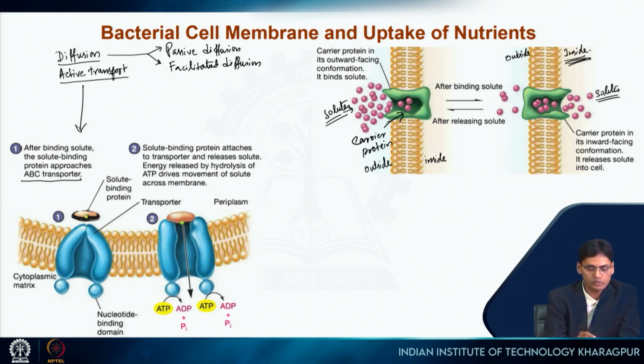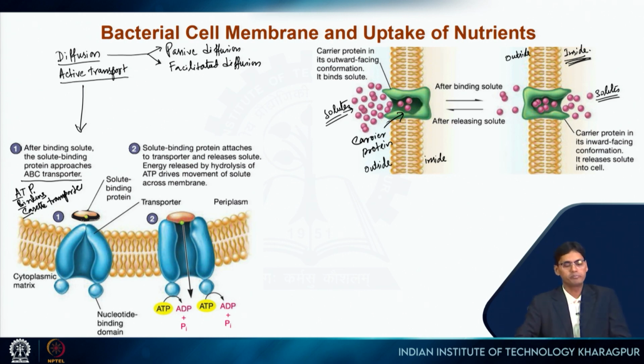ABC transporter means ATP binding cassette transporter. So A, B, C: ATP binding cassette transporter.